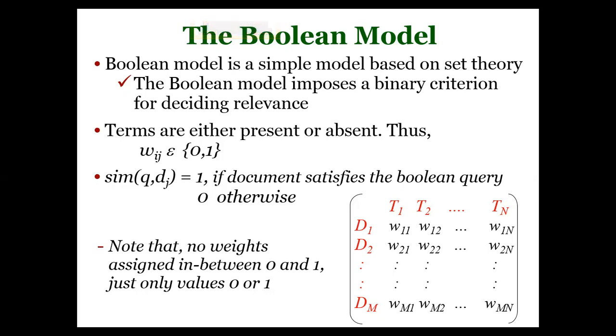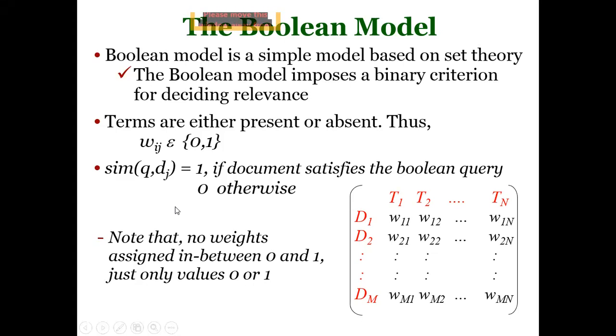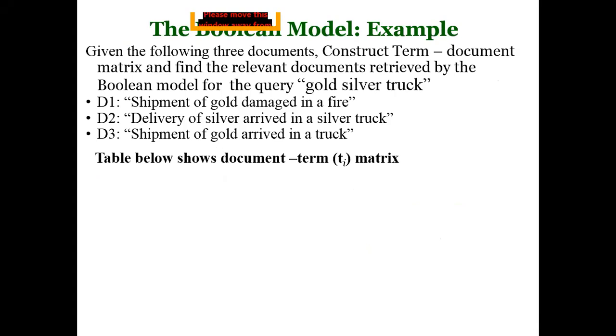So finally, the Boolean model, using the binary weight, tries to identify relevant documents for a given query. Let's see it with an example. In our example, our query is gold, silver, truck.